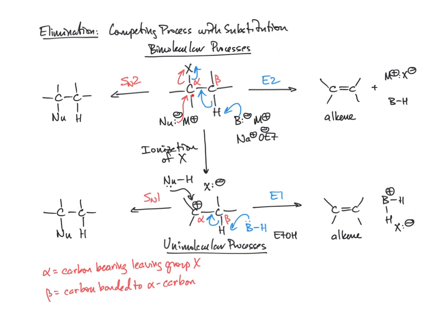So if you're starting with something that is tertiary, the X group ionizes, so that gets you automatically into a unimolecular process. If it's methyl, primary, or secondary, it's most likely going to be bimolecular. So what I'm showing here is just the manifold of possible things that can happen.